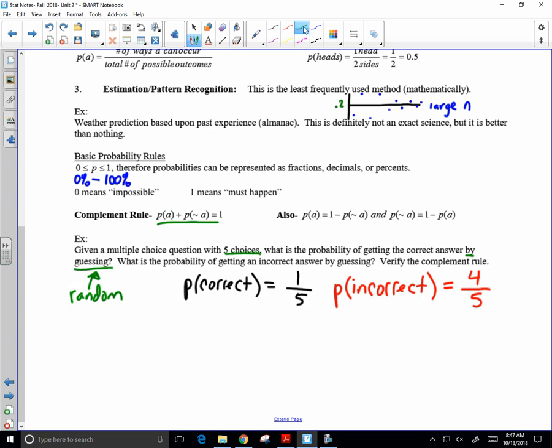But let me write this differently. I'm going to write that as P of C. And this one would be P of not C, because incorrect is the same as saying not correct.